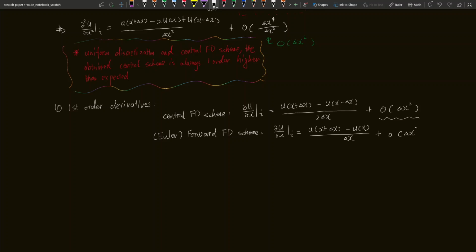So it's first order. This is the first order accurate finite difference scheme. Basically, in this scheme, we are approximating the derivative at point i using the information from the left-hand side of its field.